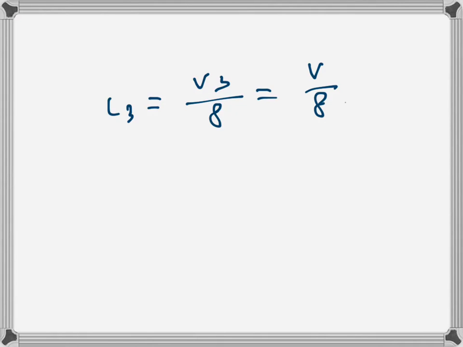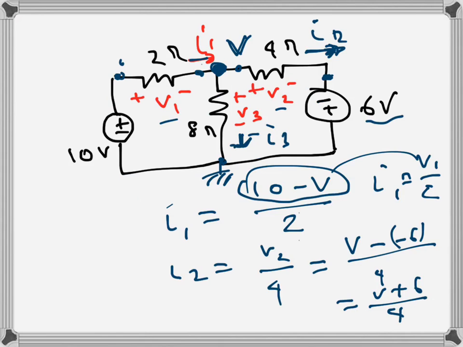So if we write KCL for that node, we have I1 equal to I2 plus I3, because I1 is the entering current and I2 and I3 are the leaving currents. So the sum of entering currents equals the sum of leaving currents.